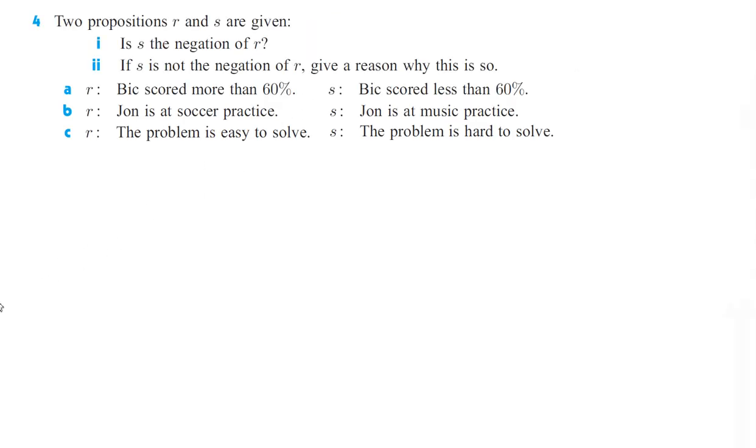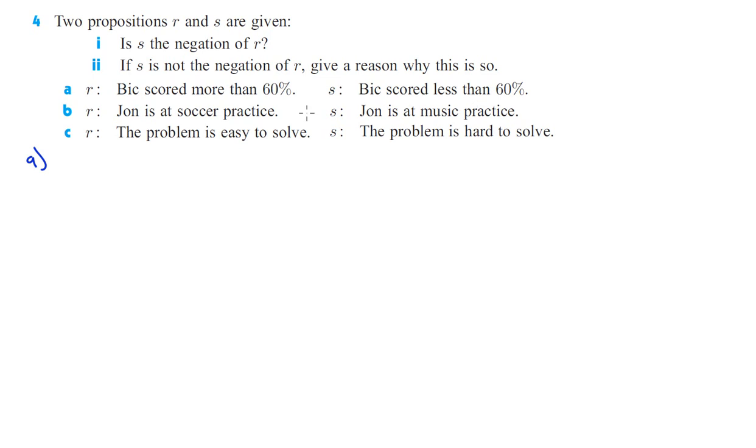All right, number 4. Two propositions R and S are given. Is S the negation of R? And if S is not the negation of R, give a reason why this is so. Okay. So for A, we got Bick scored more than 60% is R. And then S, Bick scored less than 60%. Okay.